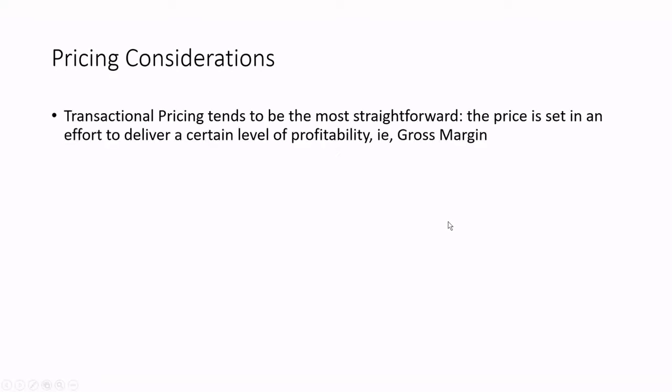The way we price products, whether it's by transaction, subscription, or pay per use, has a bearing on the profitability that we're going to obtain from our products or services. And so transactional pricing, although it tends to be the most straightforward one, is the pricing that is set in an effort to deliver a certain level of profitability to the business.